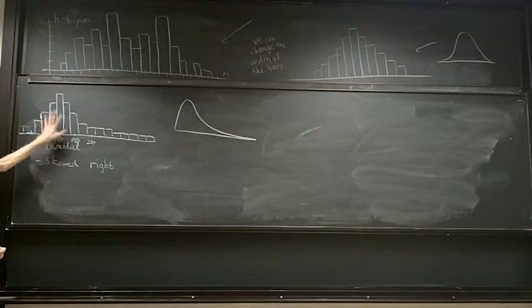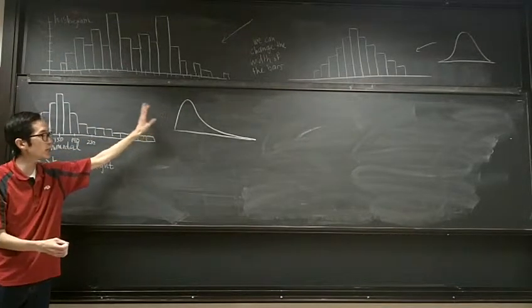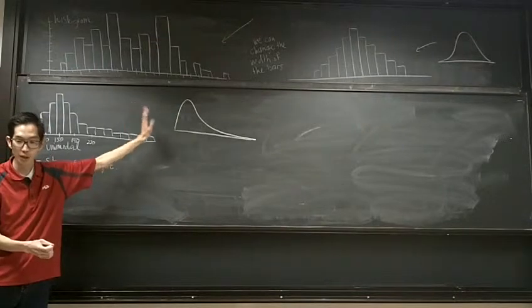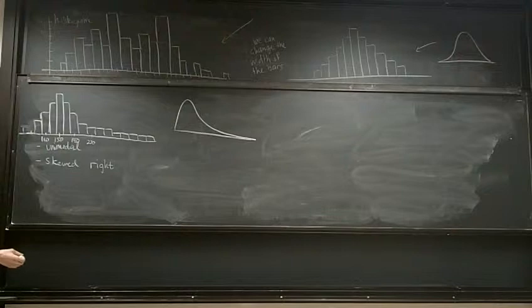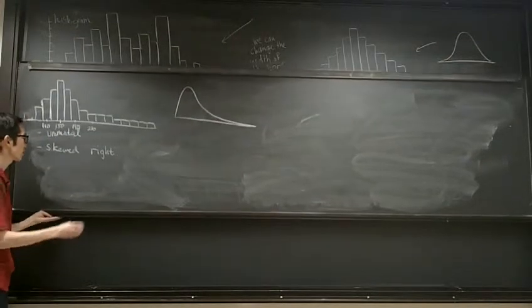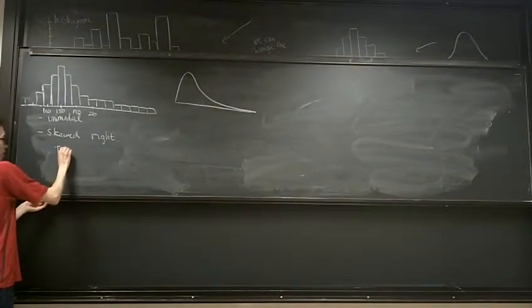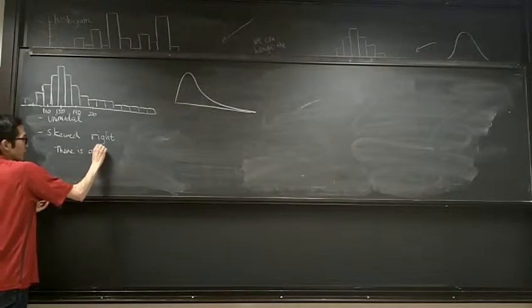It means we've got kind of this middle-ish area. We've got some, not a lot, but some people who are far to the right. But if we go that far to the left, there's no one. Okay, so skewed right. So there is a quote middle.